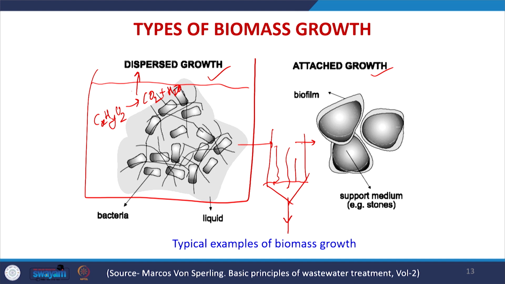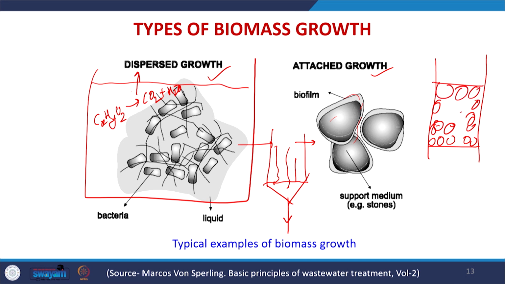In the attached growth process, we can see this biofilm of bacteria all around this support medium, which may be stone. So, the system works like this. We have a packing system where all these stones are packed, and on these stones we have a microbial film.